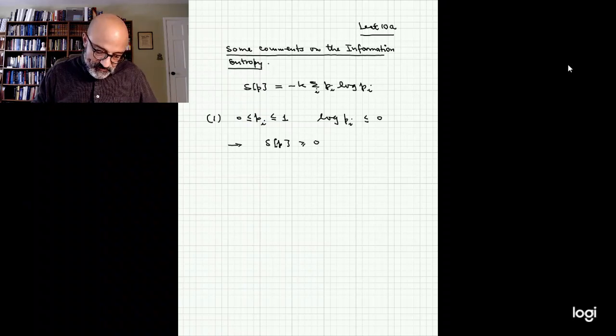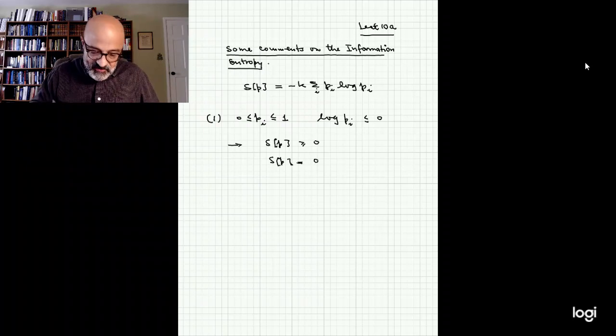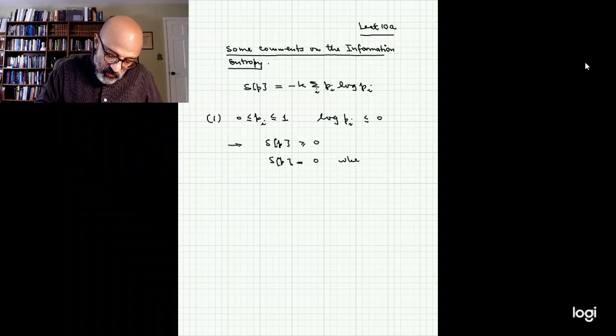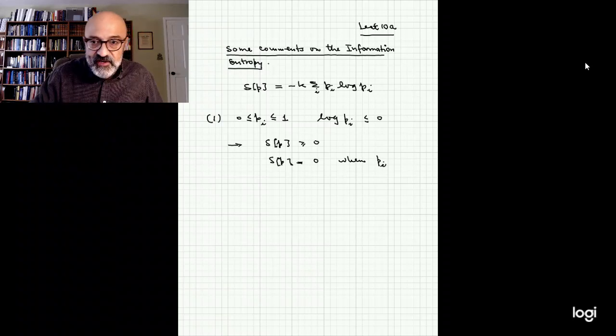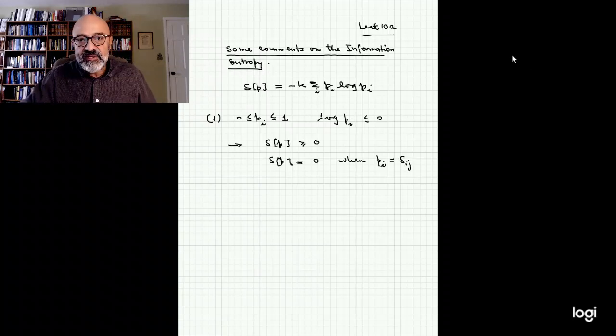Very good. And it is also 0 when one of these probabilities happens to be equal to 1. So, for example, the jth alternative happens to be 1.